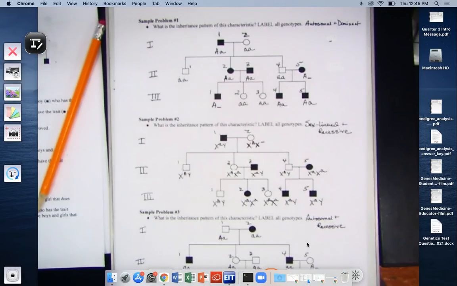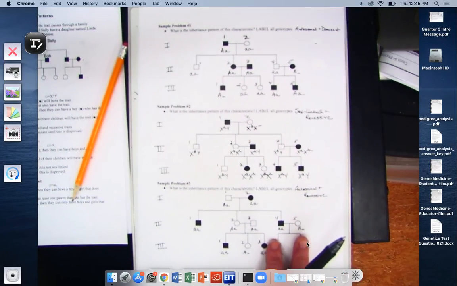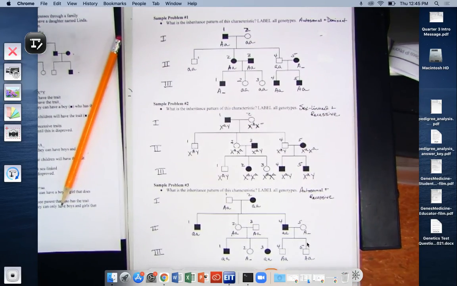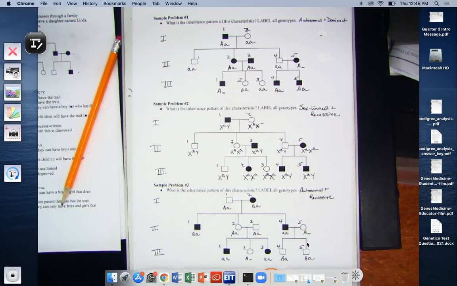And you can kind of get an idea of your completed notes page. It's a little hard to get to focus. But that is your completed notes page.